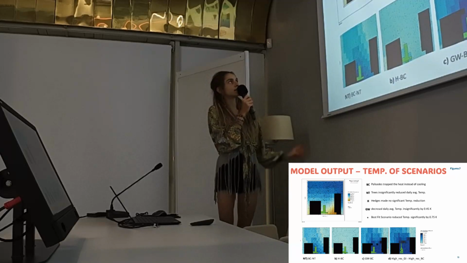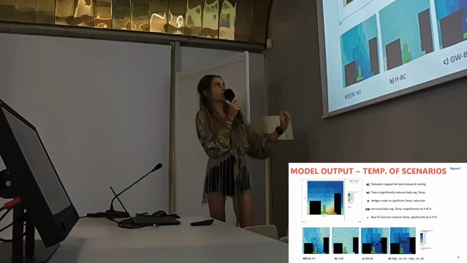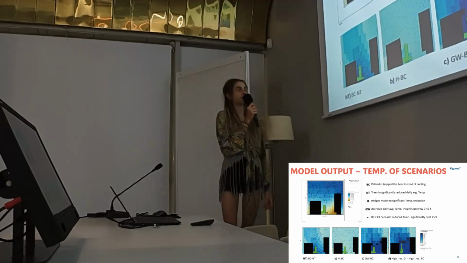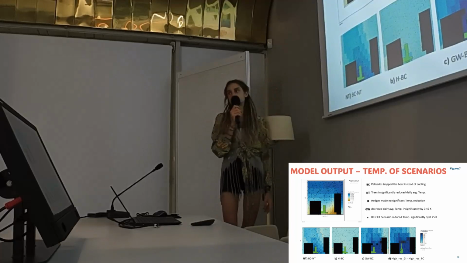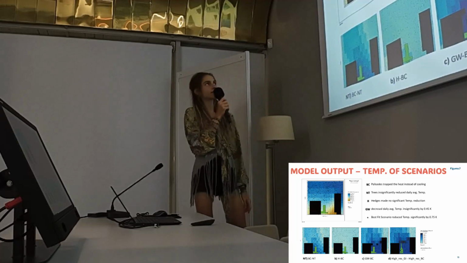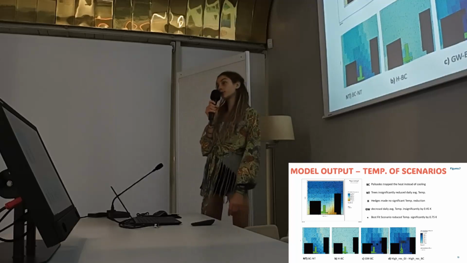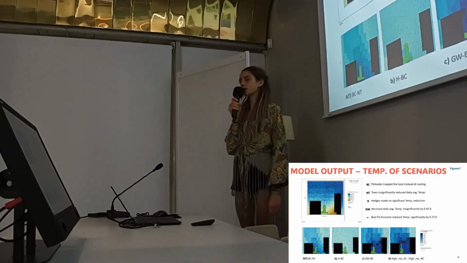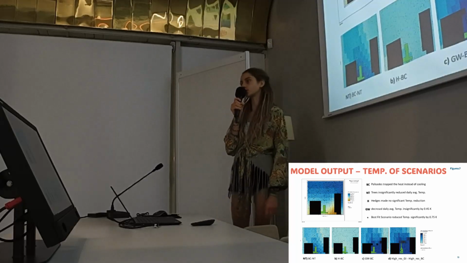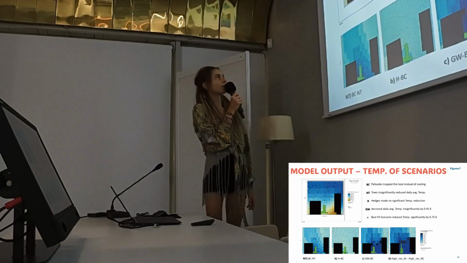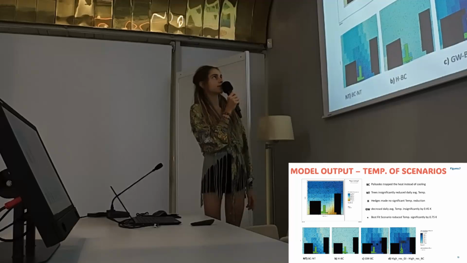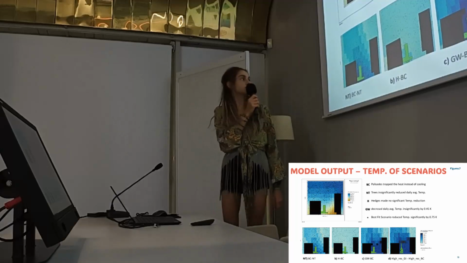As you can see in this graph, but also the average daily mean showed that the palisades were not able to cool the temperatures. So the shading of the palisades was not enough to cool.